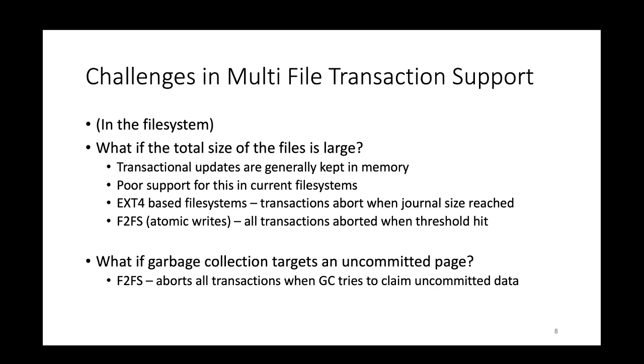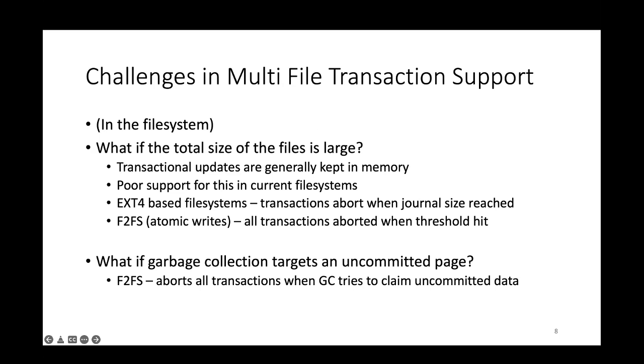And transactions can maybe go across one journal to another after the journal is synced, to further increase that. And then if we look at exF2FS, which supports a very primitive transaction, it just supports atomic writes.